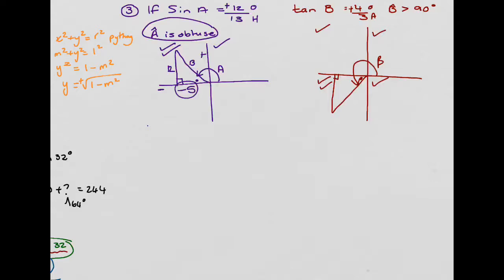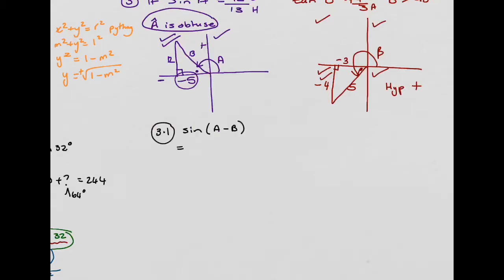So opposite is 4, adjacent 3. But because we're working in the negative x and y quadrant, we've got to make sure that we have negatives. So this fraction 4 over 3 is actually -4 over -3, but negative and negative make positive. And then using Pythagoras, you'd find the hypotenuse to be 5, and a hypotenuse is always positive, always.